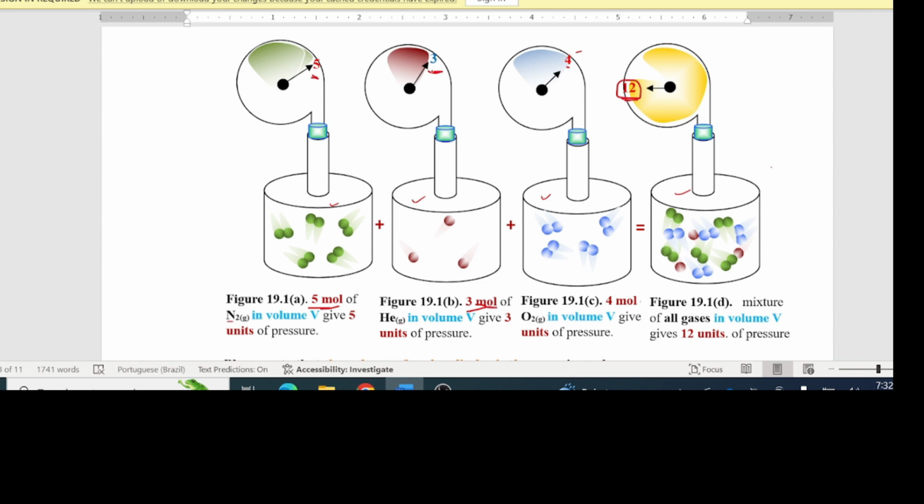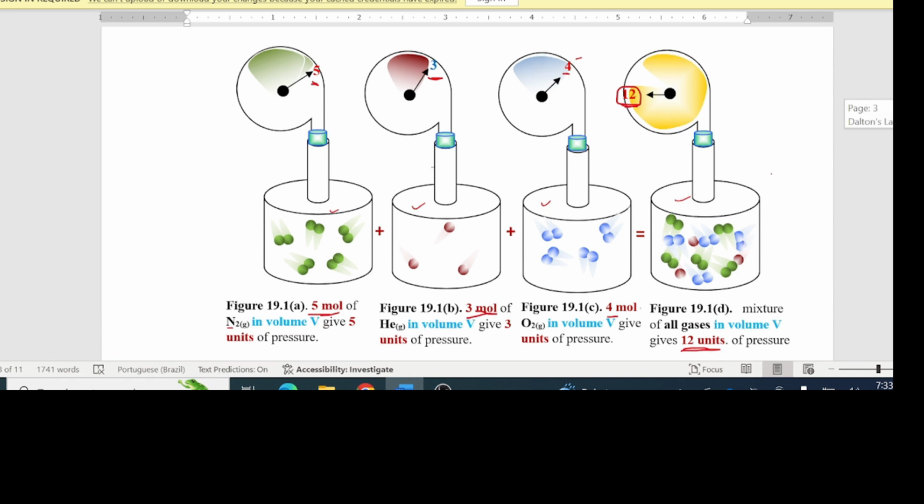We get a unit of 3. And in this case, 4 moles of oxygen gave a pressure unit of 4. And then look, when you clump all of these together, you're having 12 moles of particles that are giving you 12 pressure units.